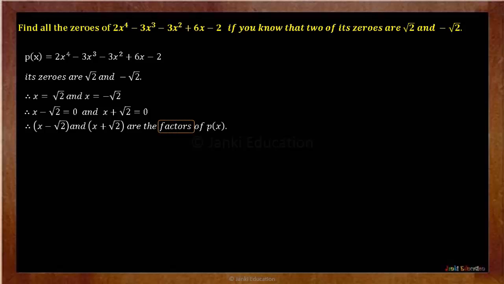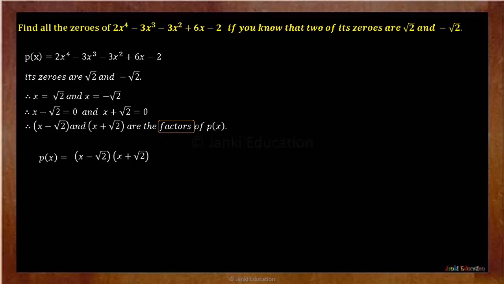Here the word factors you can understand very well with the concept we have discussed in the beginning of the video. Now when we say x minus root 2 and x plus root 2 are the factors of p of x, we have already seen that we can write this polynomial as the multiplication of these factors, so p of x is equal to x minus root 2 multiplied by x plus root 2.